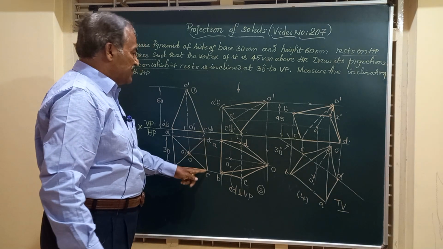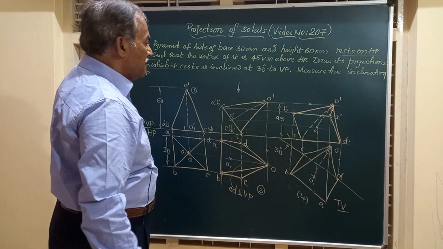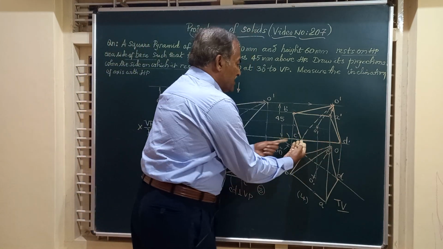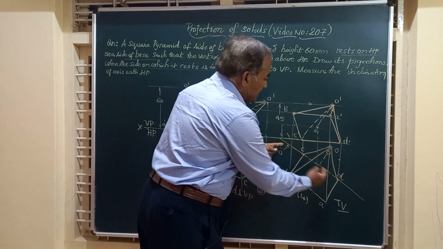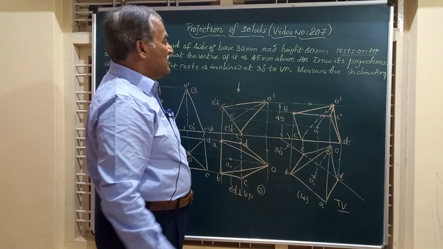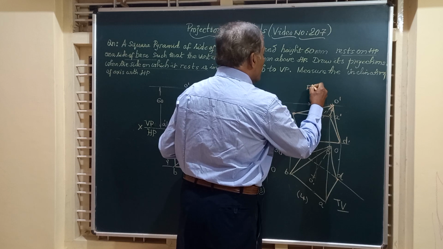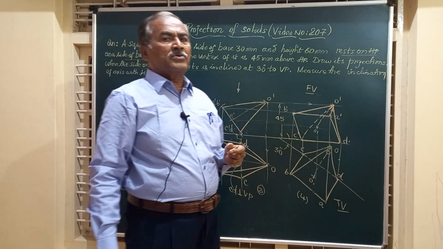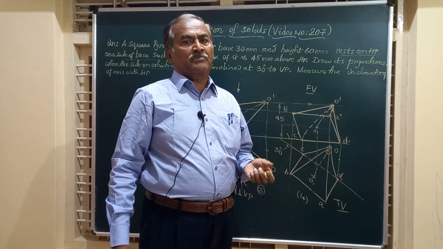CD is one of the edges of the pyramid, and the edge CD which is on HP is seen as C dash D dash in the front view, and that CD is at an angle of 30 degrees to VP, and hence this figure will give you the front view of the pyramid. And this is how we solve this problem on this square pyramid.